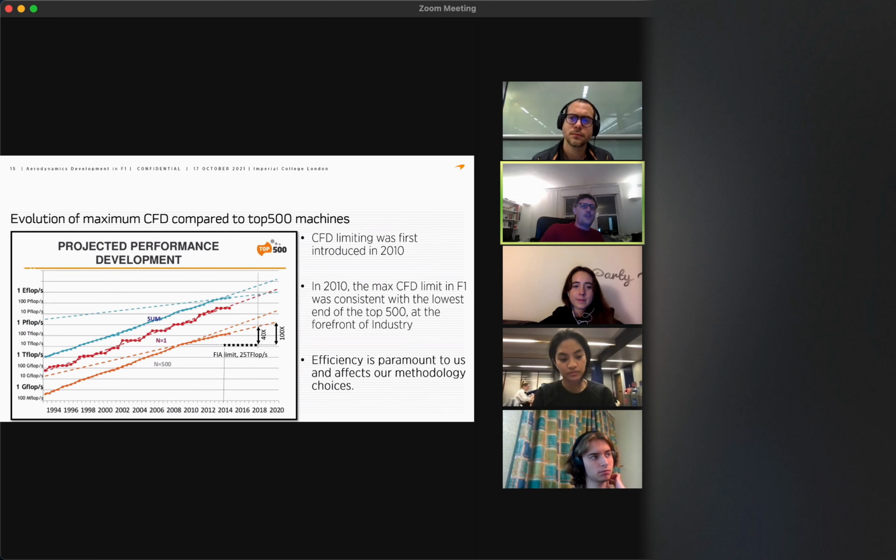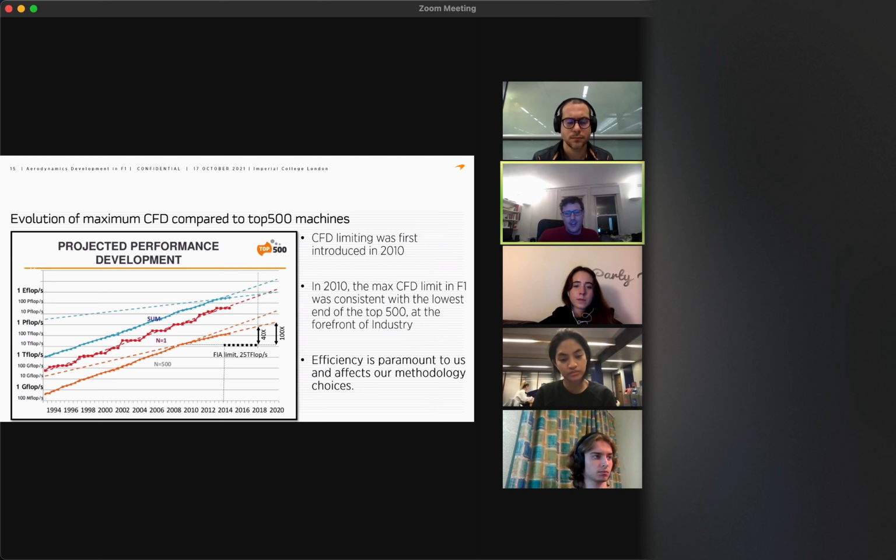And so the reason for all of those restrictions is that, when CFD arrived in F1, we quickly realized, because aerodynamics is the biggest performance differentiator, right? So it really started an arms race between the different competitors. And in 2004, 2005, we were at the bottom of the top 500 in terms of the CFD capacity that we had.